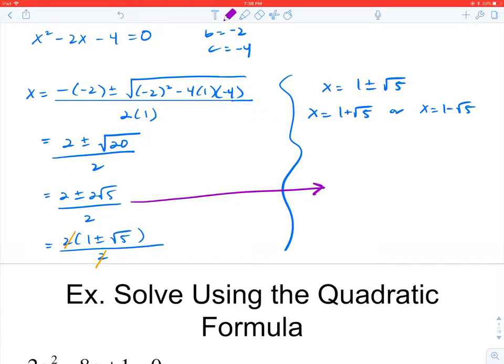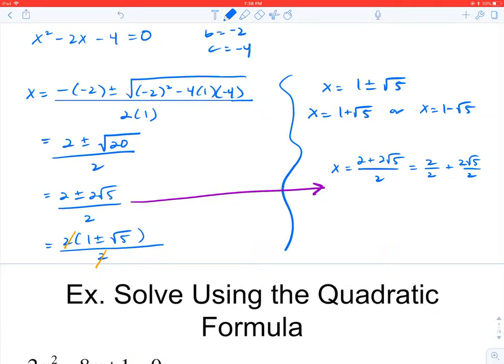Now you can also simplify from this step after you've separated the solutions. So we could have said, okay, x is equal to 2 plus 2 root 5 over 2, where you could have factored out the 2 and then the 2 would have canceled.